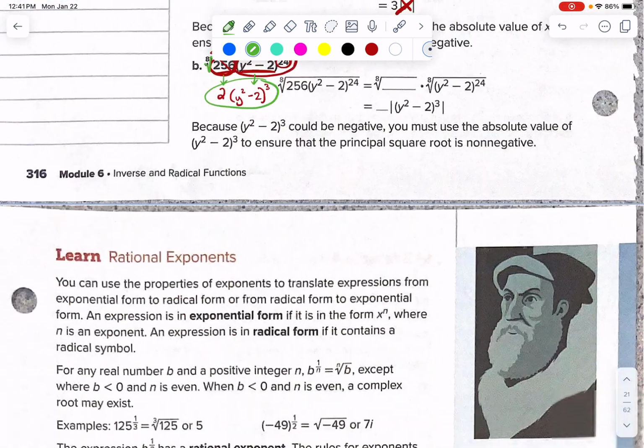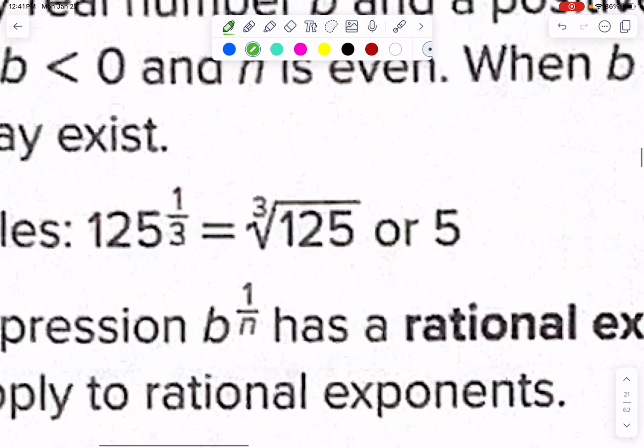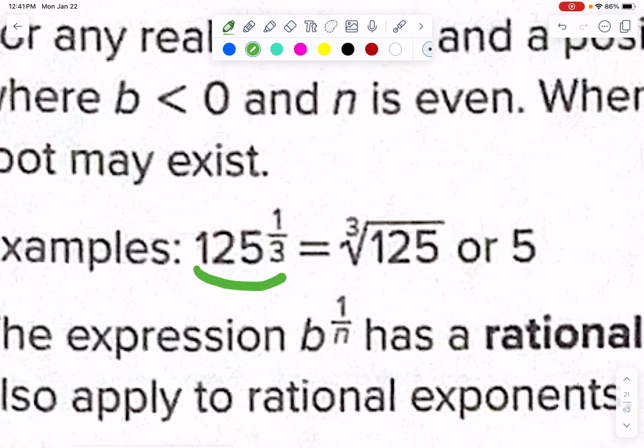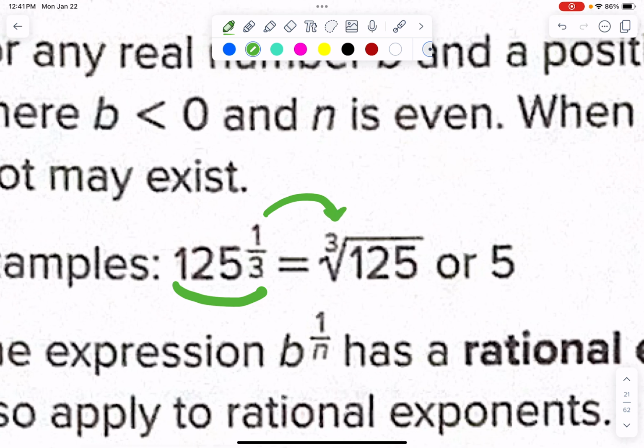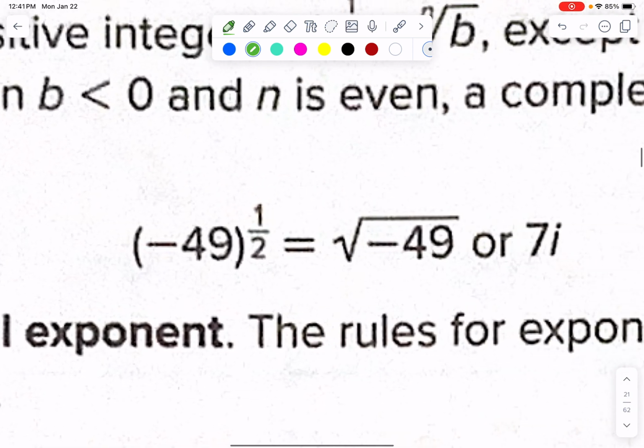Okay, all right. Let's go and talk about, we've already talked about this before. If I have 125 to the 1/3 power, that just means the third root of 125. I said that at the very beginning, okay? And then we can simplify that, right? The third root of 125 means what do you take times itself 3 times to get 125, and it is 5, okay? Now over here they did the same thing.